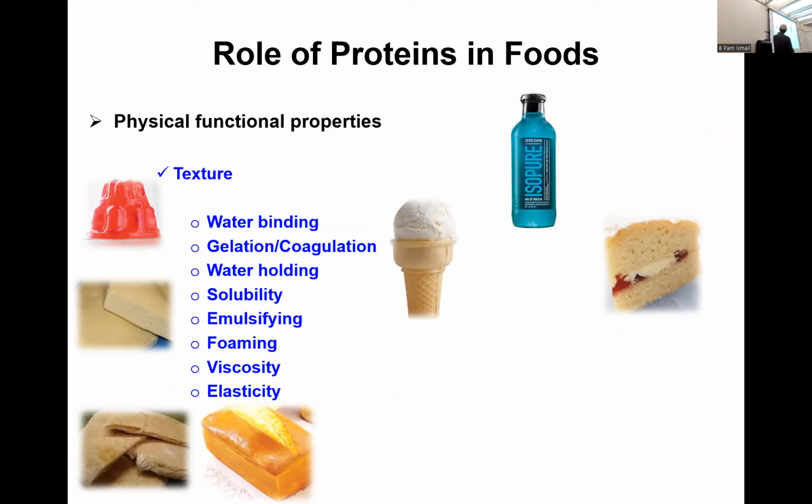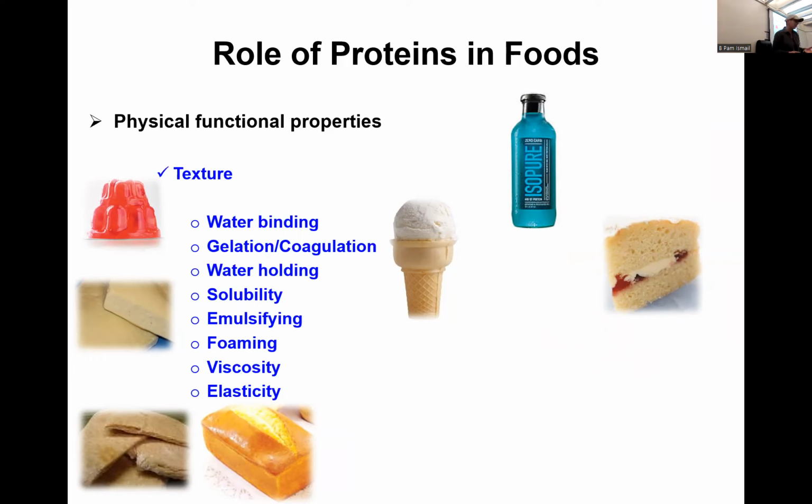Texture is a big part of the physical functionality. Building viscosity has to do with water binding capacity. We're going to differentiate between water binding and water holding in the next few lectures. Even renowned researchers mix those terms up, and it really bugs me when I'm reading a paper and they define water holding capacity as water binding capacity.